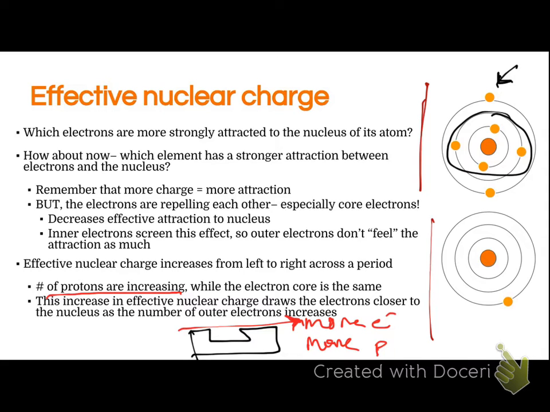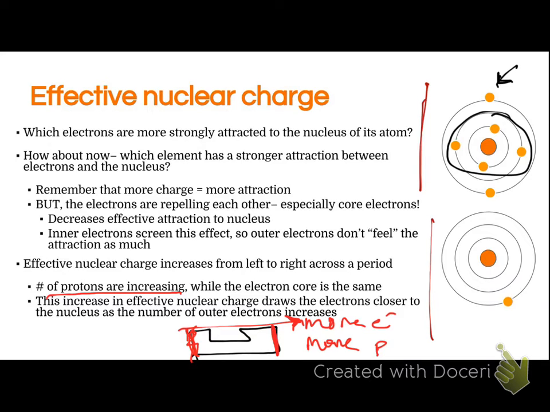So those core electrons get hugged in nice and close, but the outer electrons tend to drift away a little bit. That makes these ones, if there are outer electrons on the left side, not held as close to the nucleus as the core electrons are. If all we have is a full shell, so we're the noble gases column, everything gets hugged really, really tight because it's all paired up and everything is really stable.